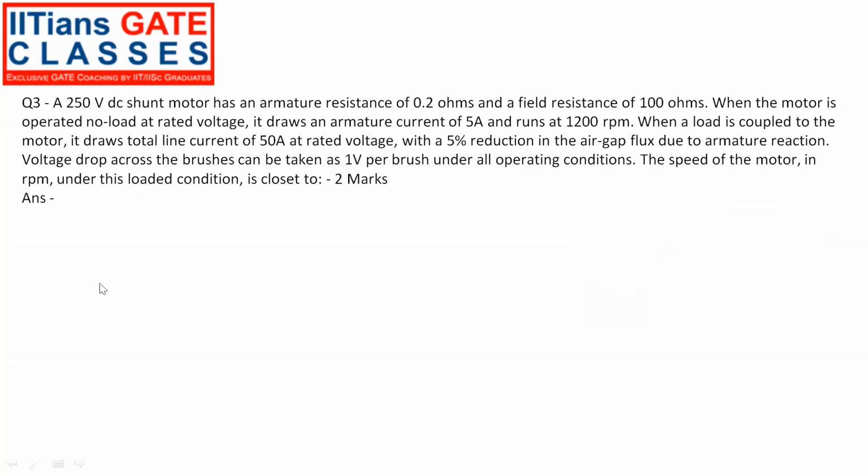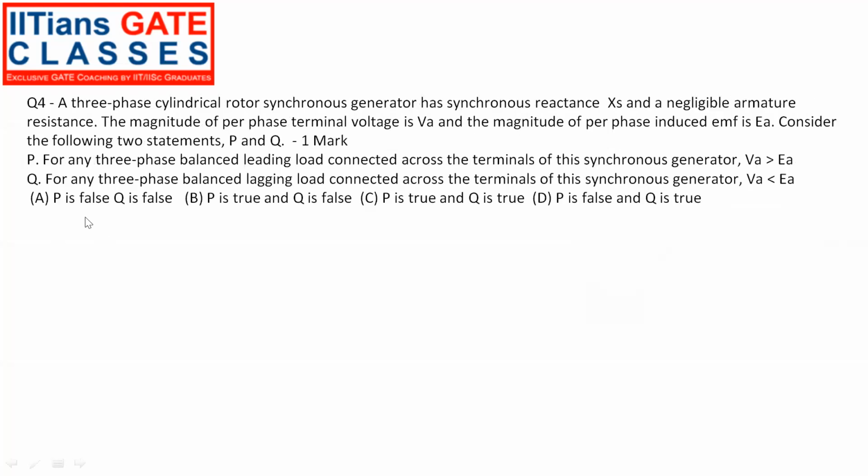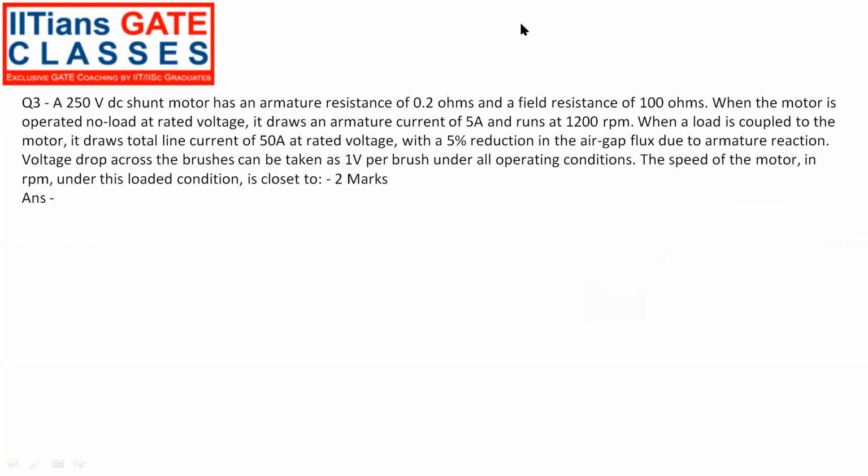So first of all, we'll see the no load condition. In the no load condition, we have an armature current, say IA1 equal to 5 amps and speed N1 equal to 1200 RPM.